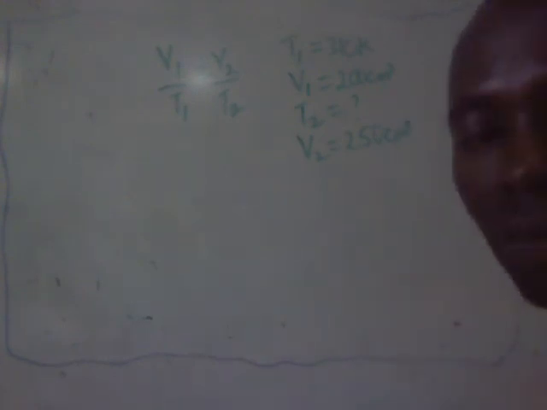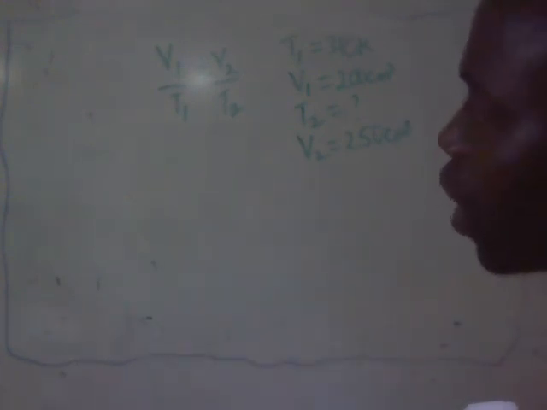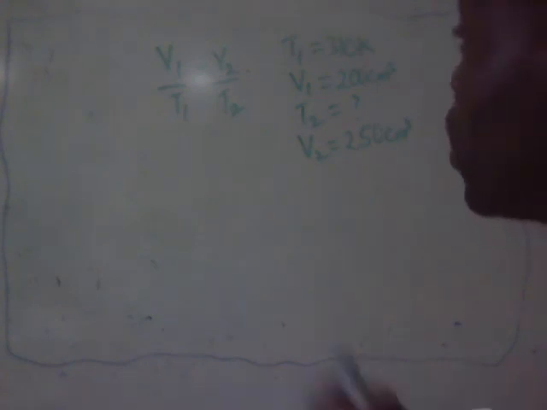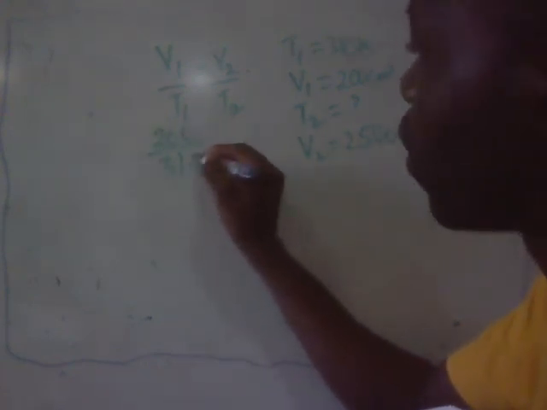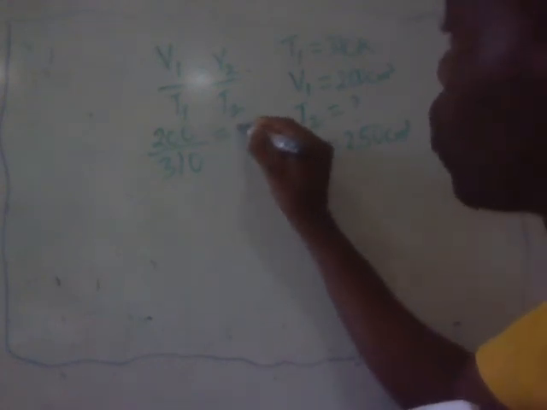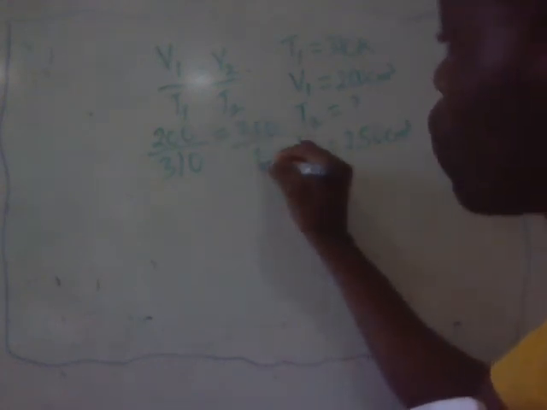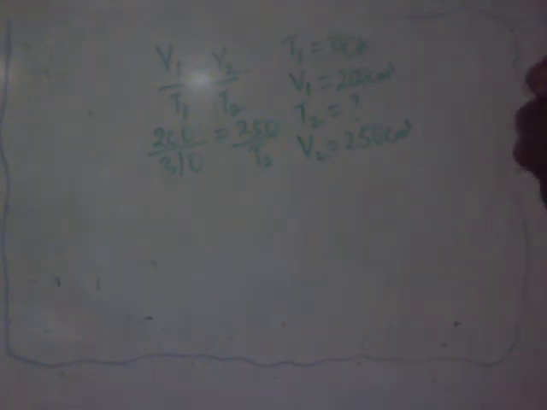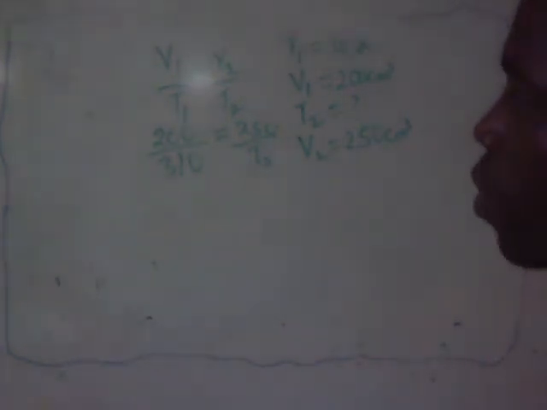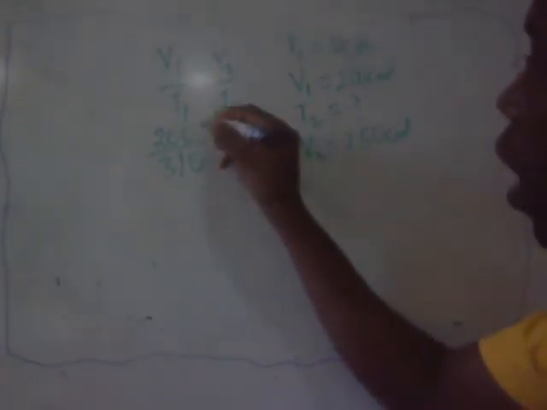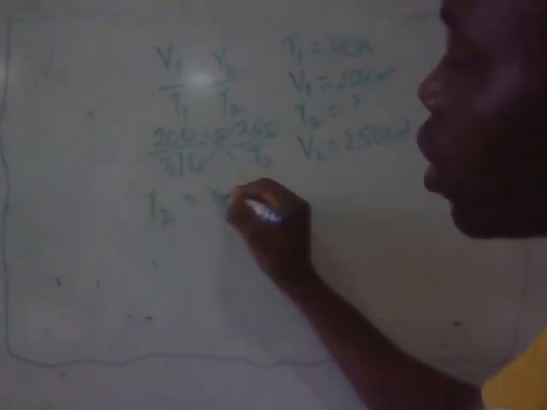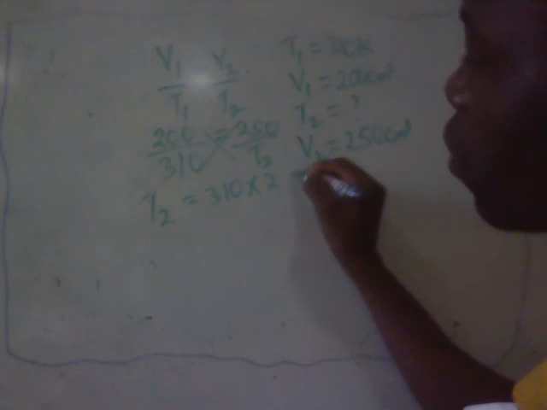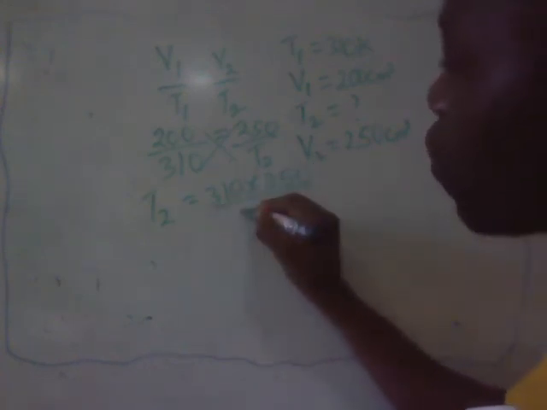Now substitute. V1 is 200 over T1 310 equals V2 250 over T2. Cross multiply and make T2 the subject. So T2 equals 310 multiplied by 250 over 200.